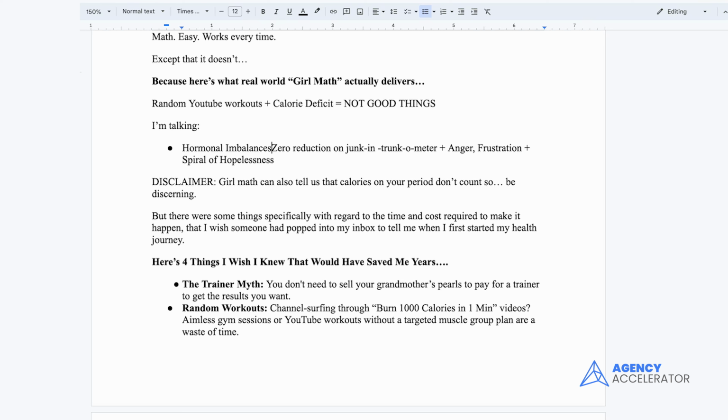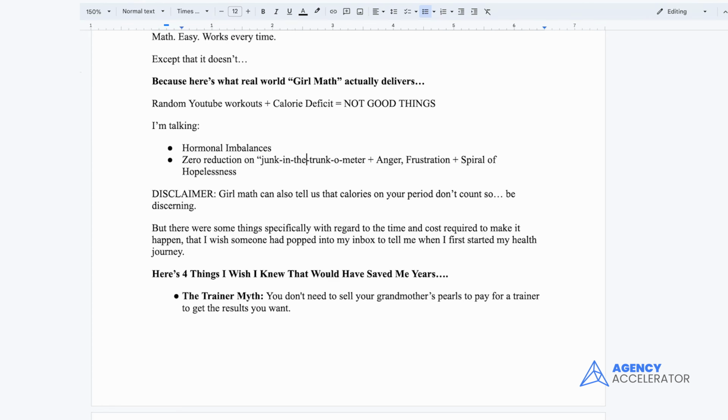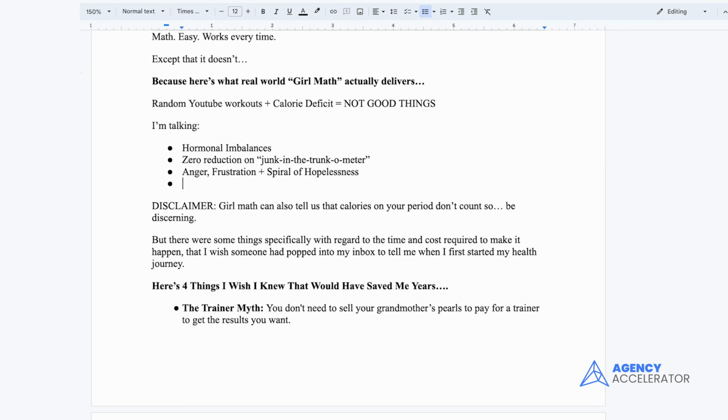Zero reduction on the trunk-o-meter. Anger, frustration, and spiral of hopelessness. Possibly even weight gain?